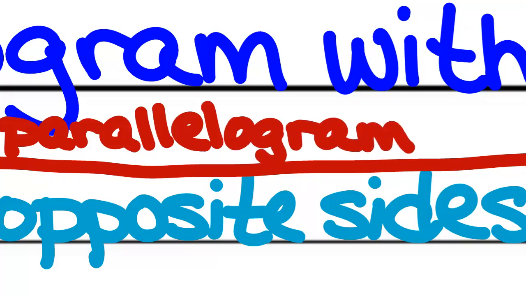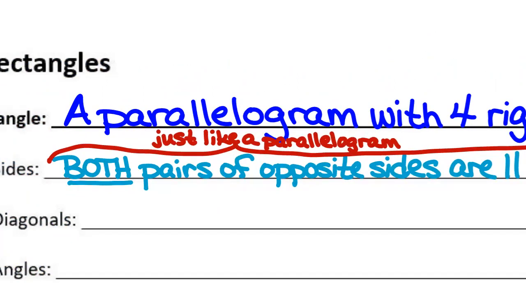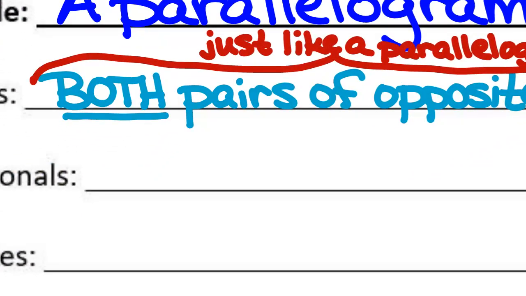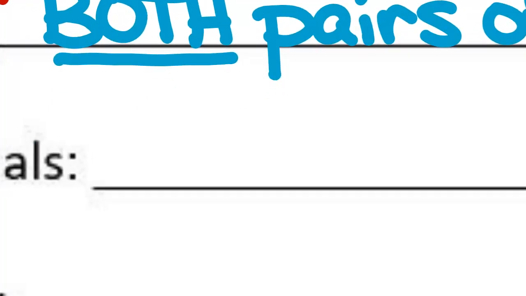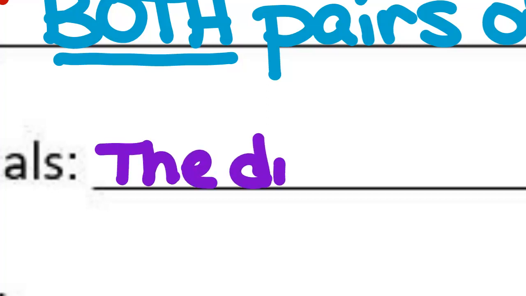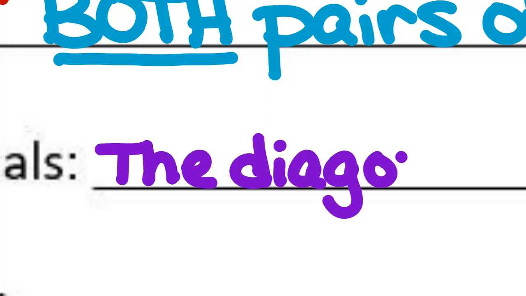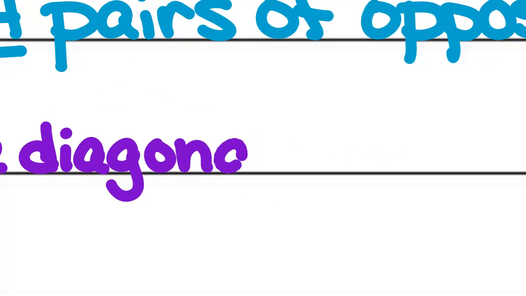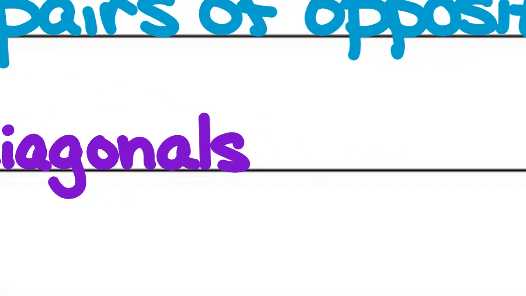What did we know about the diagonals of a parallelogram? What did we learn about the diagonals in a parallelogram? They bisect each other. So the same thing is true in a rectangle. The diagonals bisect each other.